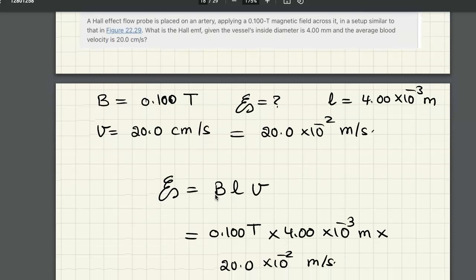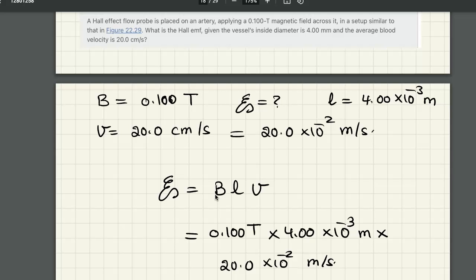B is 0.1 Tesla and EMF is what we are looking for. L is 4 times 10 to the minus 3 meters and V, the velocity, is 20 centimeters per second. Remember, we need to convert all the numbers into meters, getting rid of centimeters and millimeters.